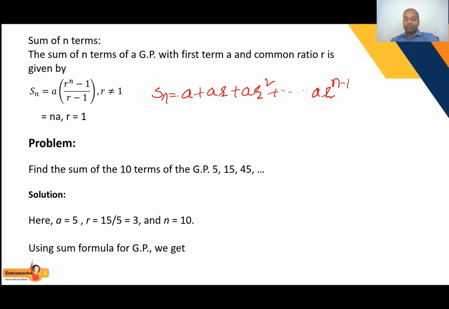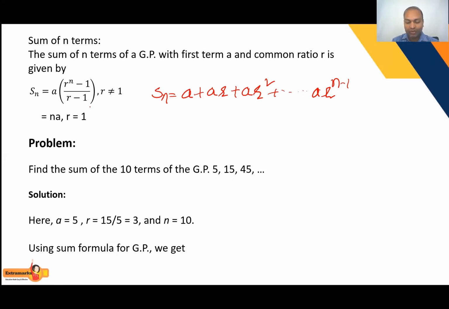So the sum of all these n terms, the formula is a into r power n minus 1 by r minus 1, where r is not equal to 1. Why am I taking especially r not equal to 1 in this formula? If r is equal to 1, what happens?